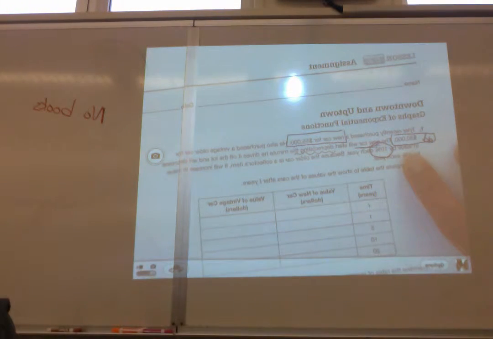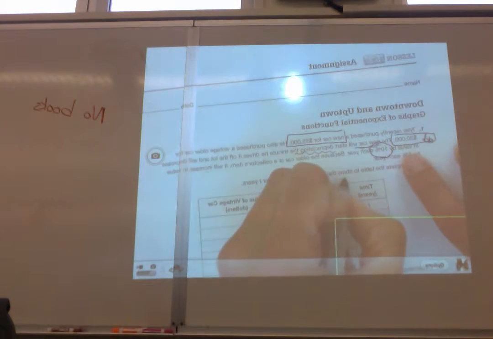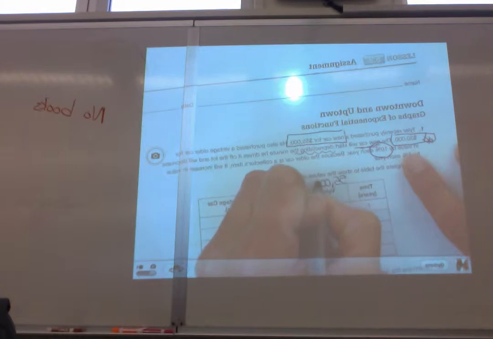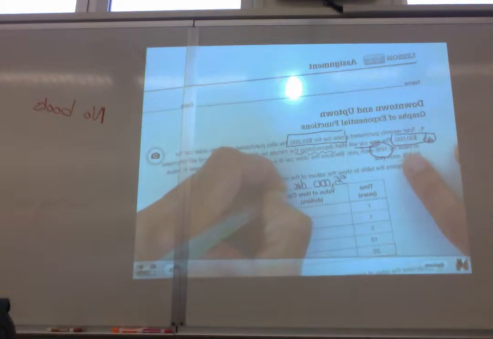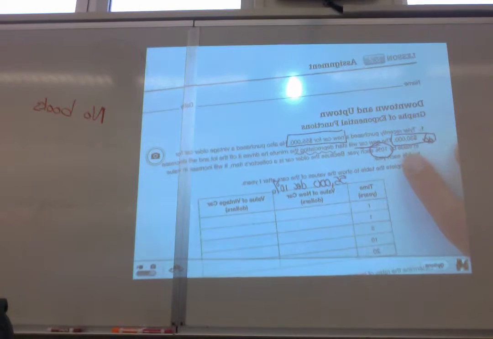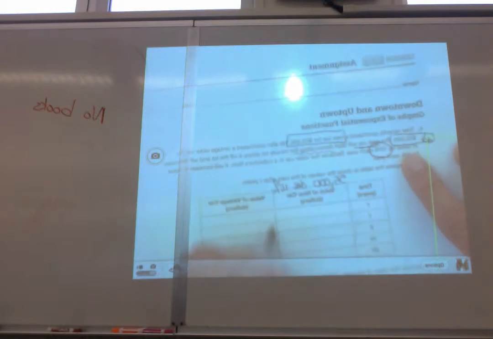each year. Let's just talk about the new car. The new car started out at $55,000, and it's going to decrease by 10%. So I'm putting some key info there next to the box for the new car.